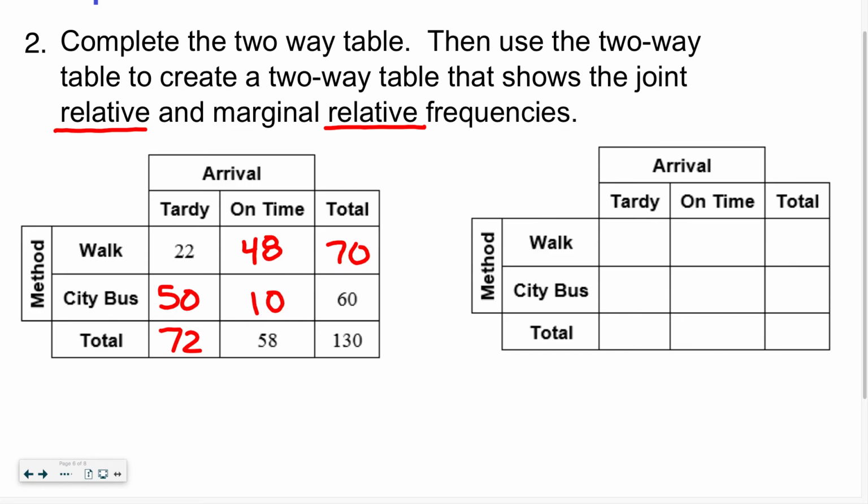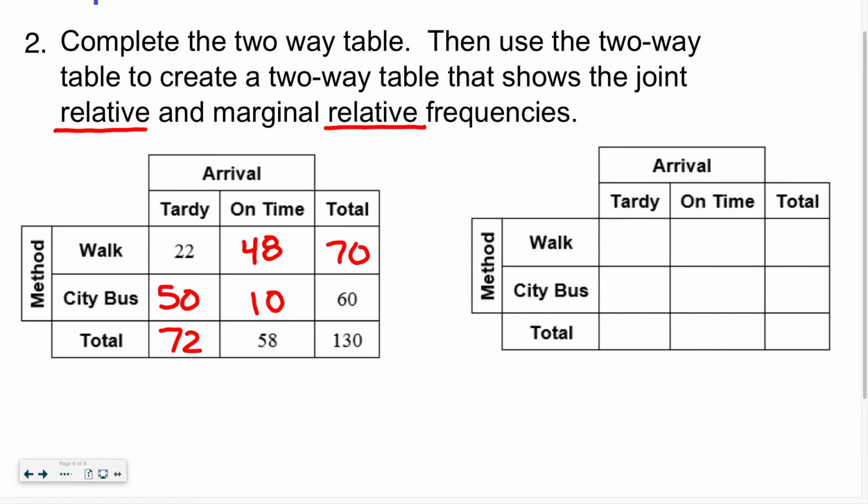Ratio is probability, it's division, it's a comparison of two values. So for this table you're going to take each of these joint entries and marginal entries, and divide by 130.